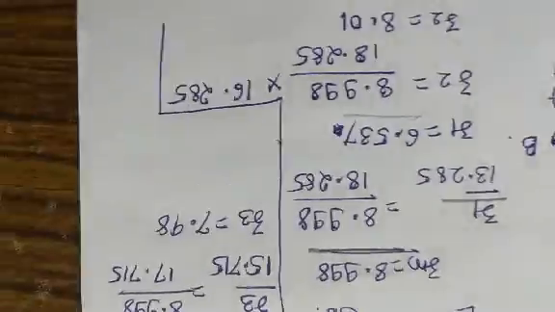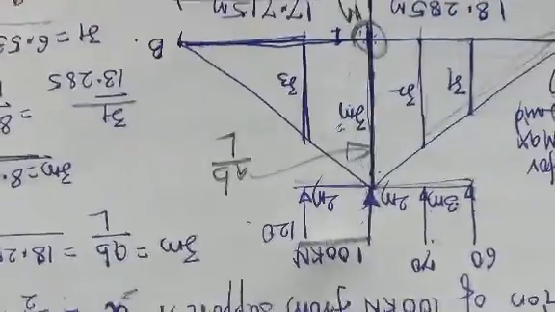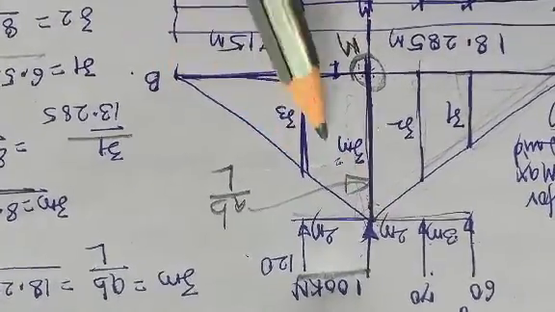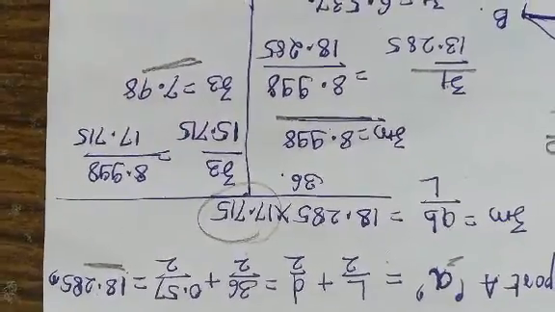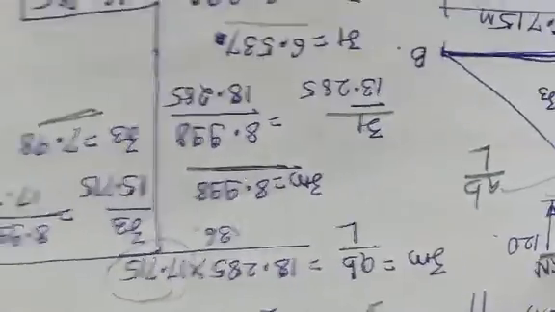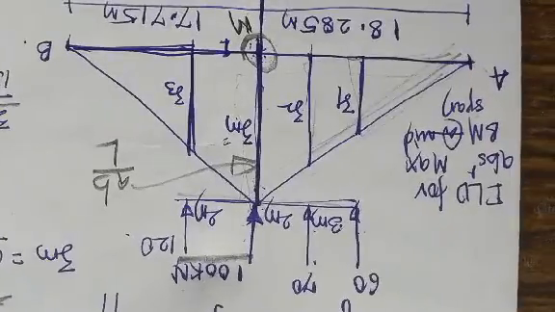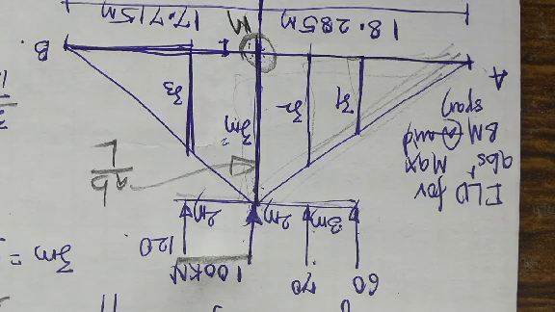Next, for Z3, the larger triangle and the smaller triangle, I have got the value as 7.98.